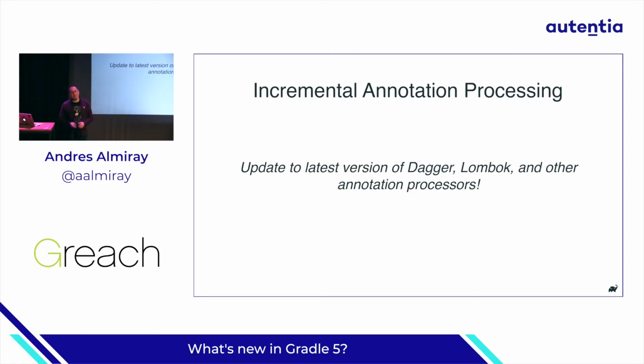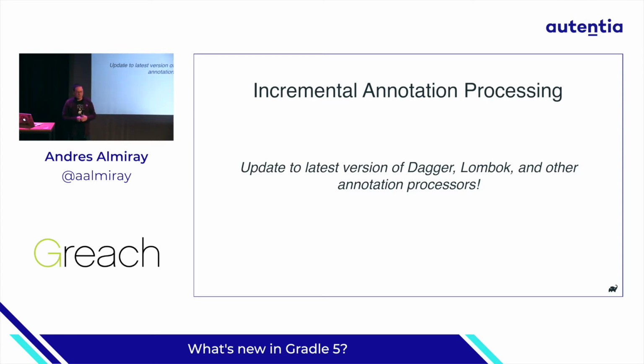But the thing about annotation processors is that because they generate new outputs, it will affect the up-to-date checks for the compilation task. So the work that started in the latest versions of the 4 series and was then certainly revamped for the version 5 series is to make sure that we have a split for when the annotation processor does its work before the actual compilation step of your sources.